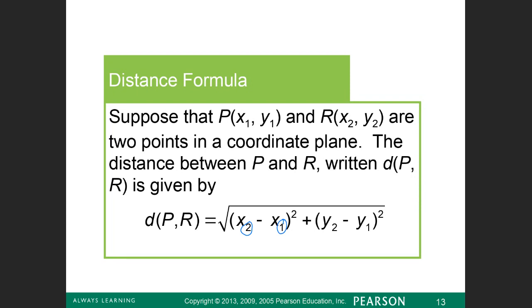So if you have point (1, -2), and then the second point would probably be (2, 3), when you label this to apply the formula, you can say this is my x1 and this is my y1, which makes it easier to plug into the formula. This one is your x2 and y2.